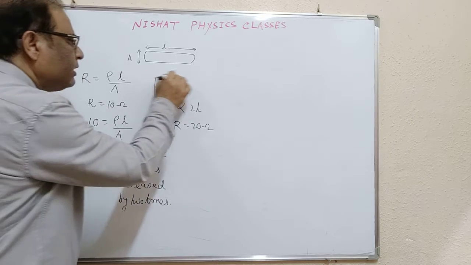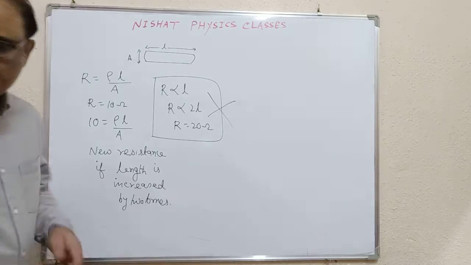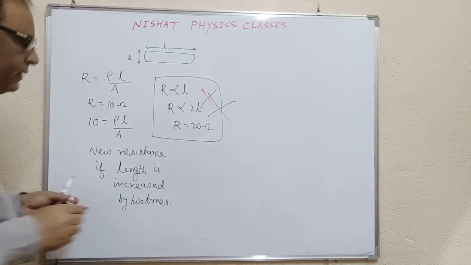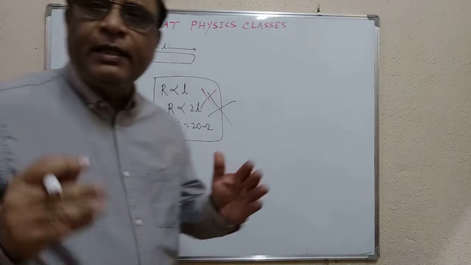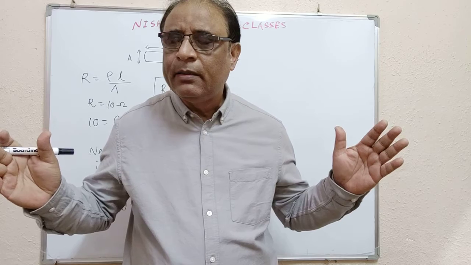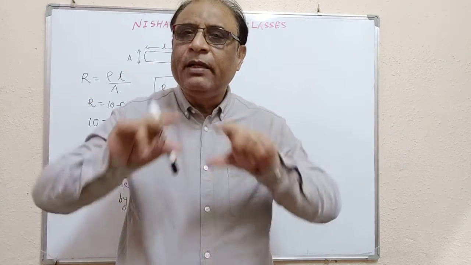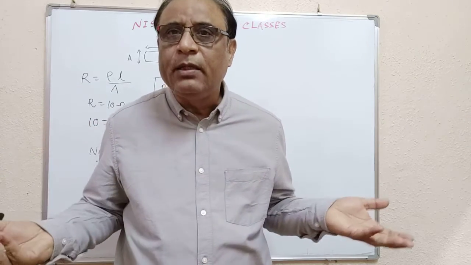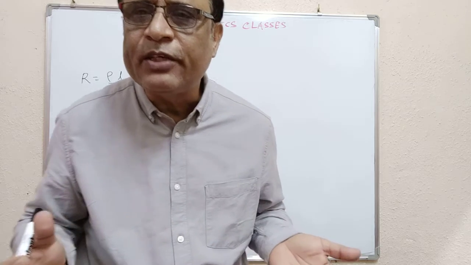Dear students, it is a very big mistake. You never do like this. Because we think that length is increased, but we never keep in mind that when length increases, it is at the cost of something. Something must decrease, and that is the cross section area.